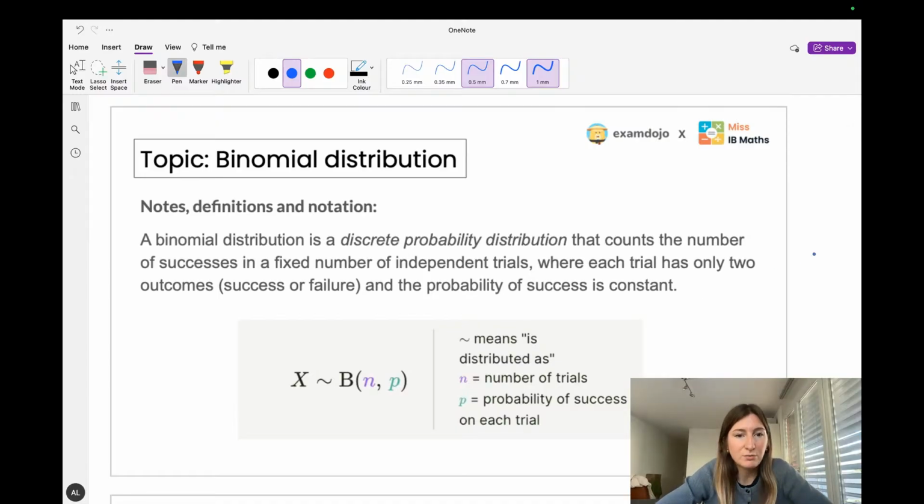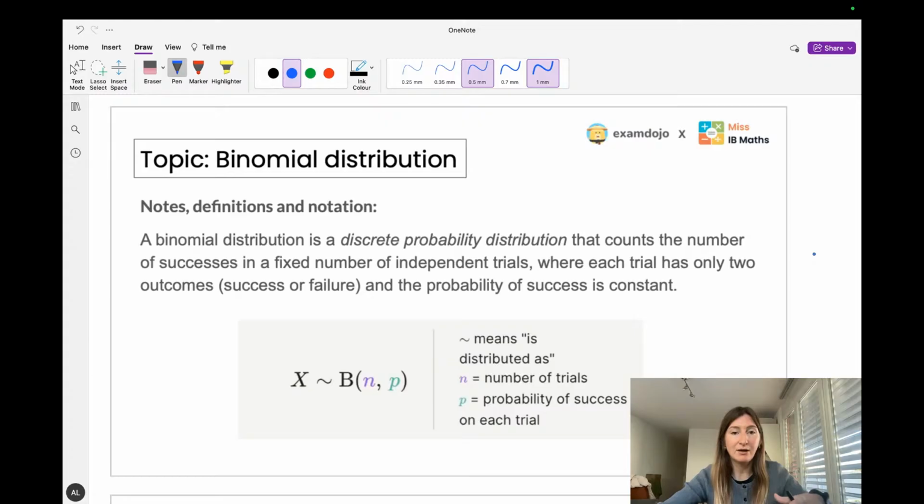A binomial distribution is a discrete probability distribution that counts the number of successes in a fixed number of independent trials where each trial has only two outcomes, success or failure. So binomial, bi meaning two, we either have success or we have failure. That's all we're interested in. We're not interested in all the probabilities.